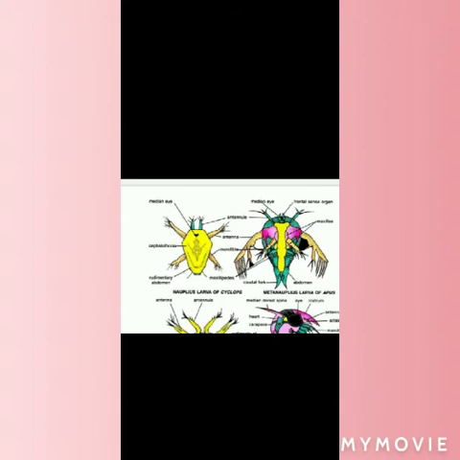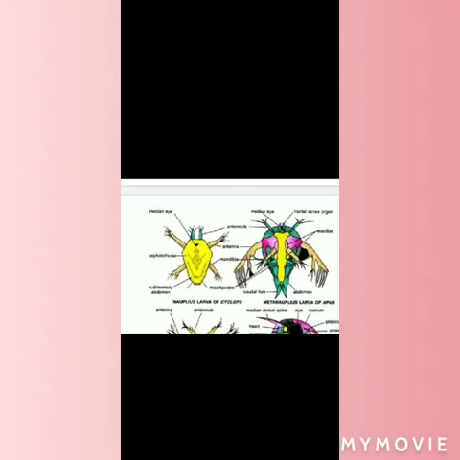Now these nauplius larvae in many of the crustaceans are converted by development to metanauplius larva. But in some, only one larval form is there, that is nauplius larva, and in some, the larval form directly grows and develops to metanauplius larva, right?